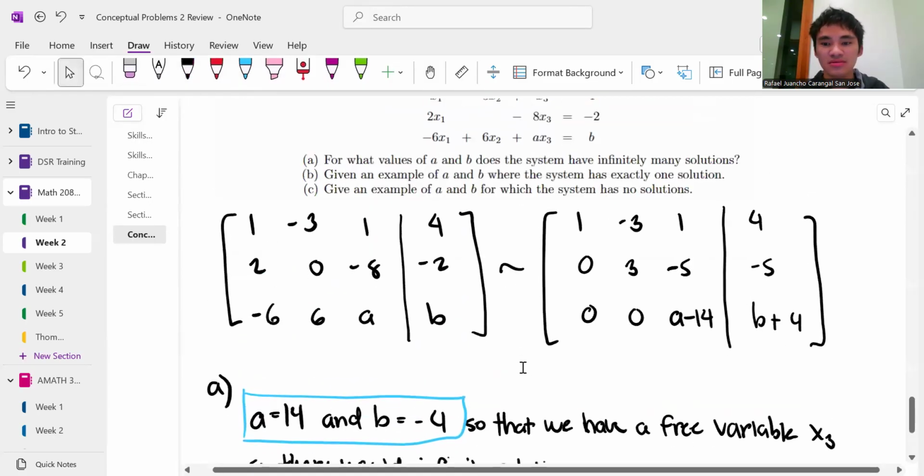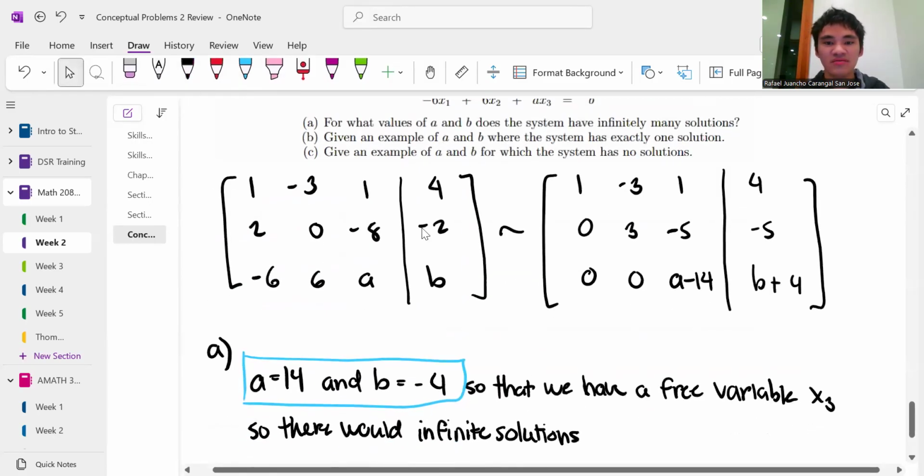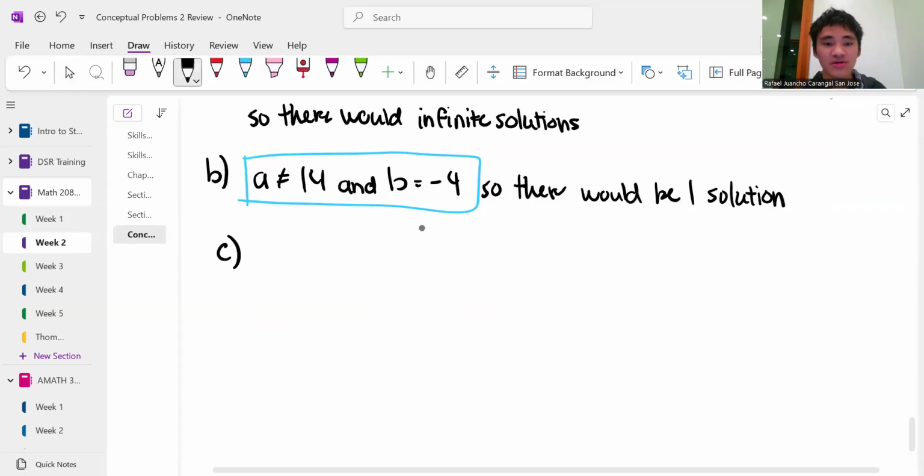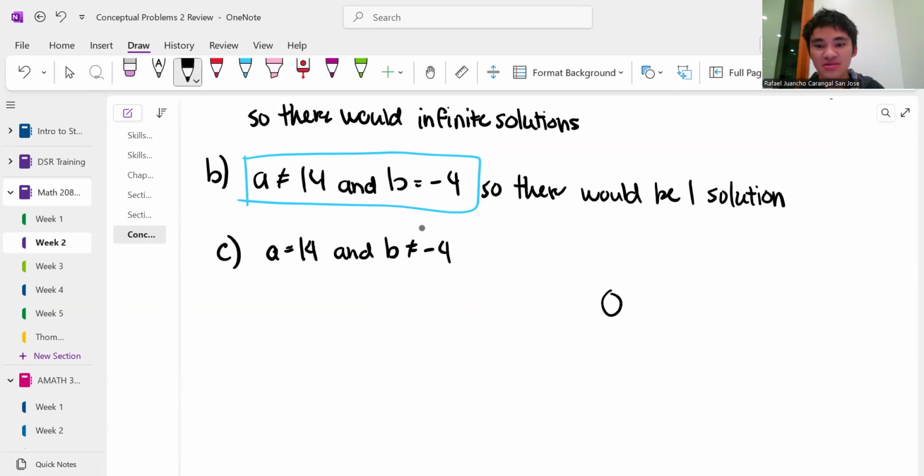Let's do C. Give an example of A and B for which the system has no solutions. Well, here A should be 14, and B can be anything except -4. Because then that would give us this form, where this is just not possible to solve.